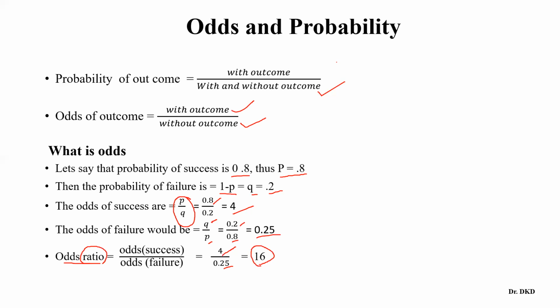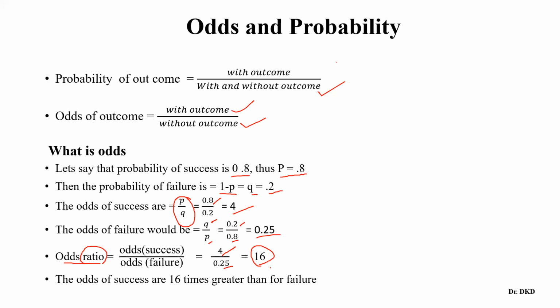Now an important point: we need to interpret what the meaning of 16 is. That is the important role of the researchers. The odds ratio is simple mathematics, a simple person can do it, but the important role is to interpret 16.